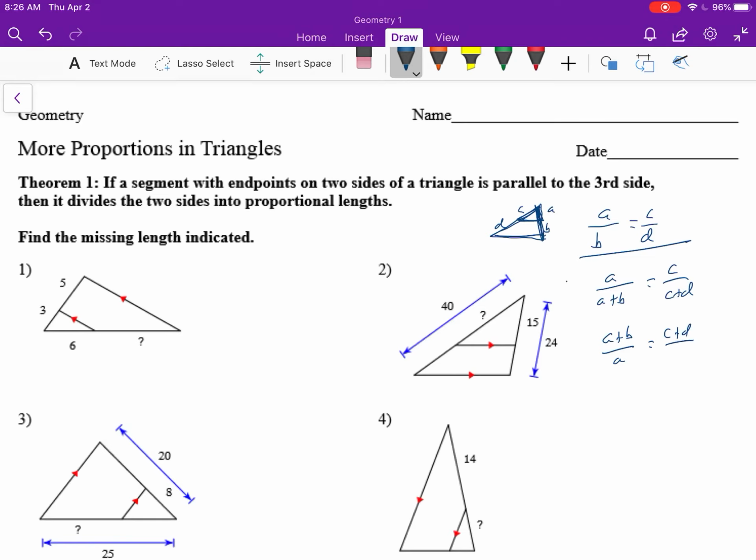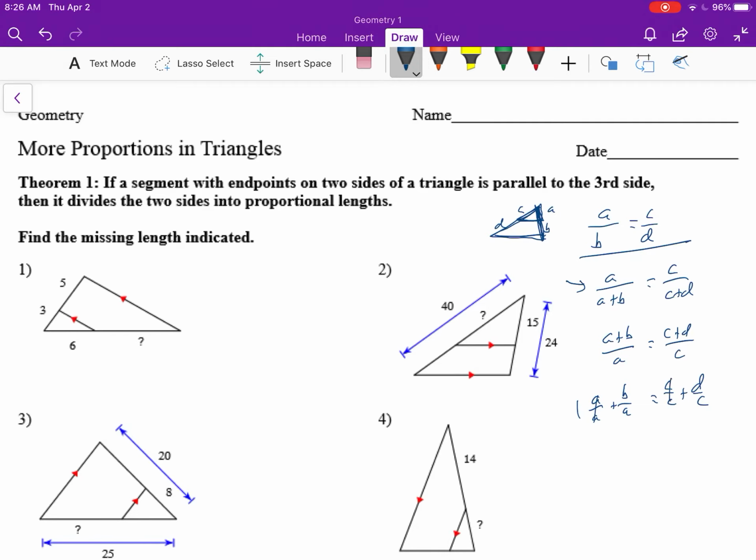If 2 fractions are equal to each other, then the reciprocals have to be equal. Now we have A over A plus B over A equals C over C plus D over C.